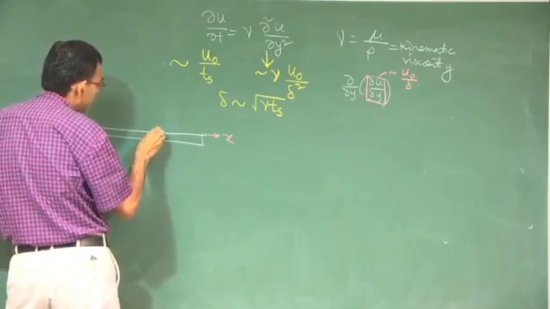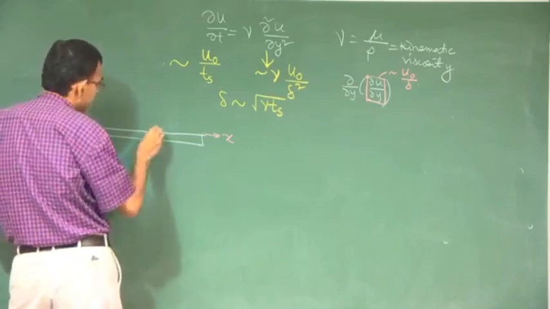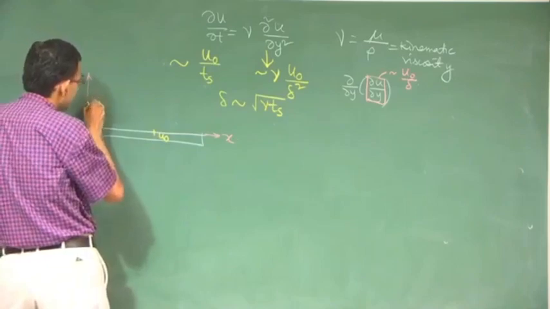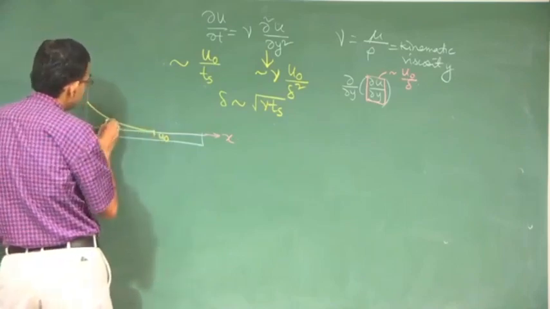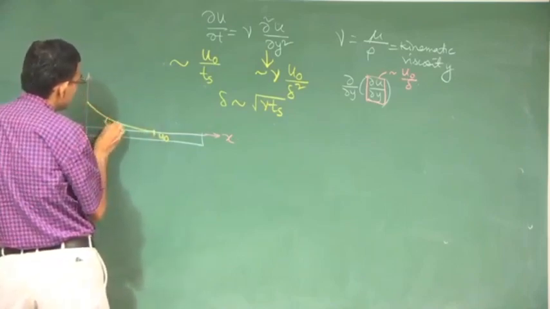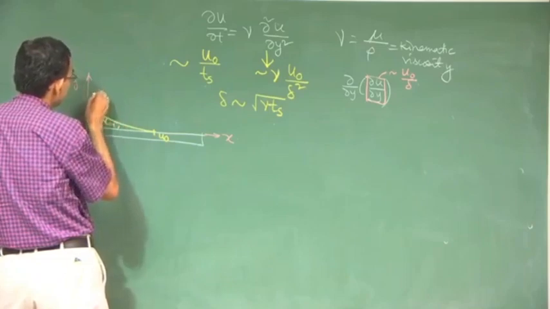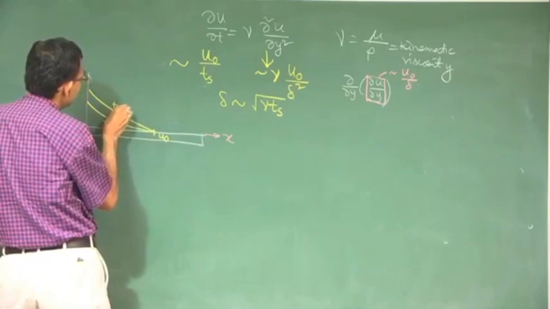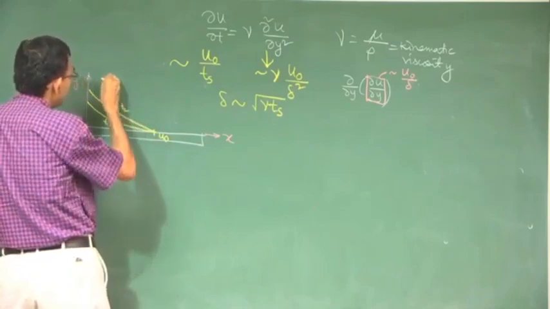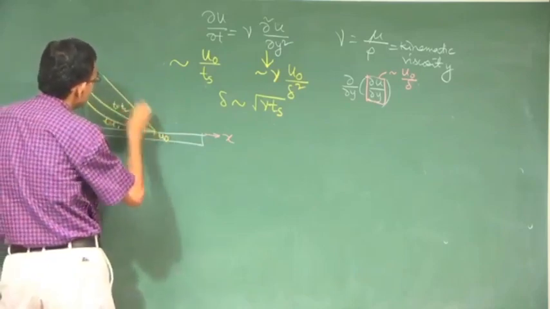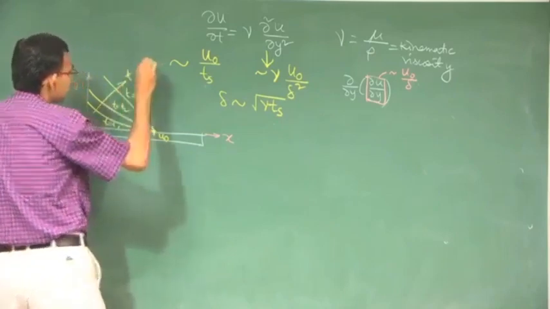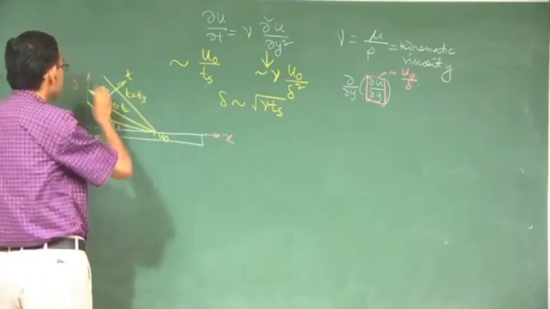So, the velocity at the boundary is u0, this boundary condition remains. So, this is t equal to t1, then this is t equal to t2. In this way, this is say t equal to t3, where you have increasing t in this direction.